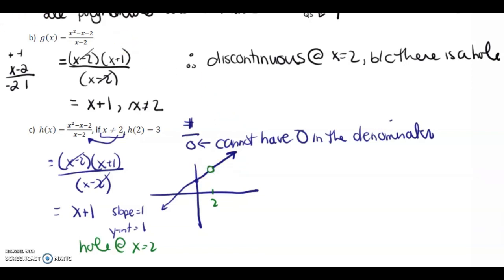There's a hole. Now, there's a little bit more to this equation. They're also giving us a little bit more information. They now say that there is an additional point to this function. So it's almost like a piecewise function because they're giving us a little bit more. They say h at 2 equals 3.